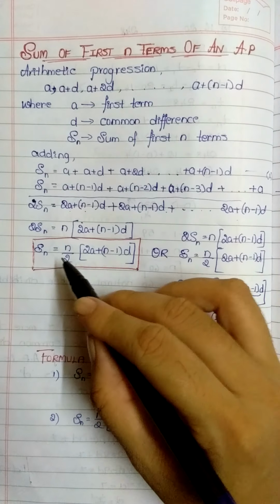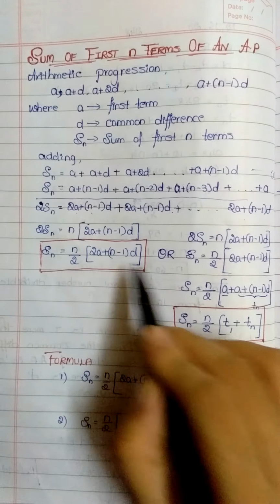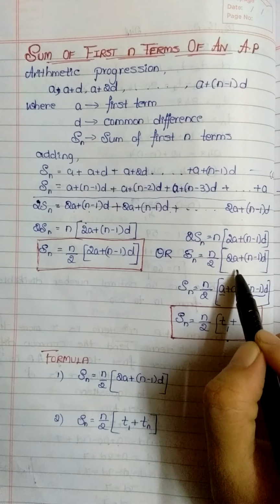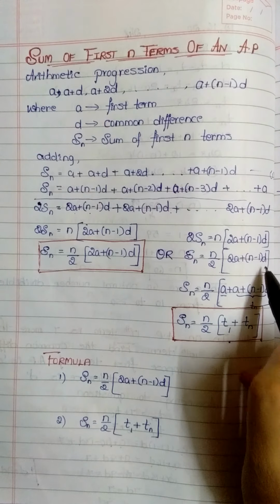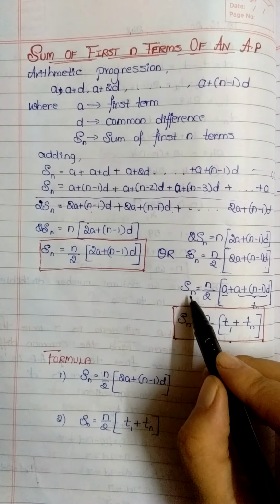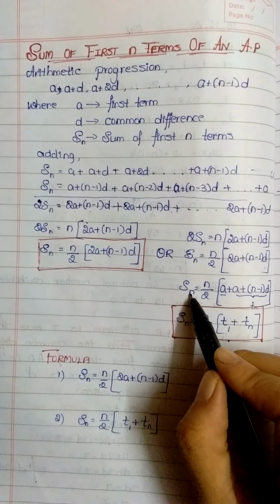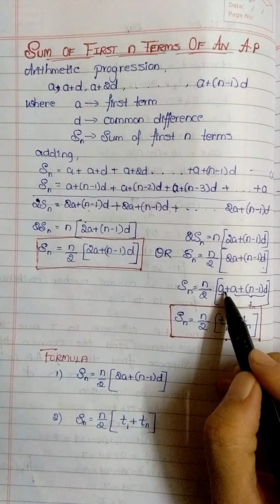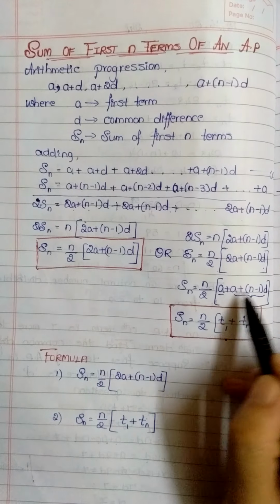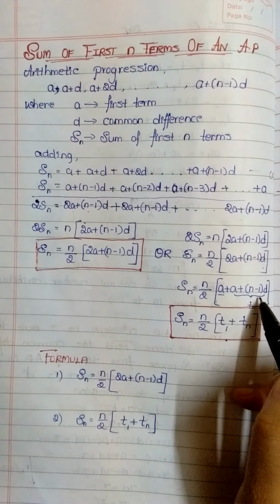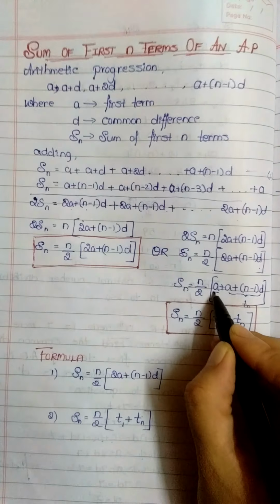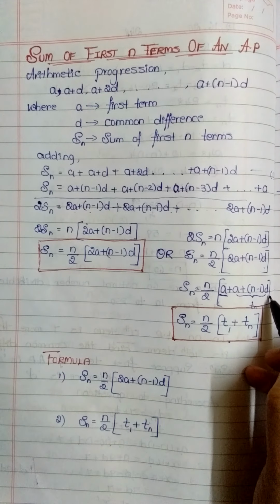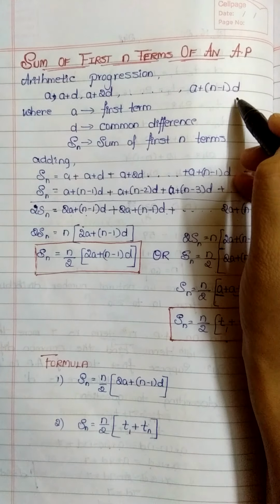One more formula is there for Sn. Take the same equation: Sn is equal to n by 2 into 2a plus n minus 1 into d. Further we simplify it. Sn is equal to n by 2 into, this 2a we can write as a plus a, and the remaining n minus 1 into d as it is. Here a is the first term, and a plus n minus 1 into d is the nth term, or tn.